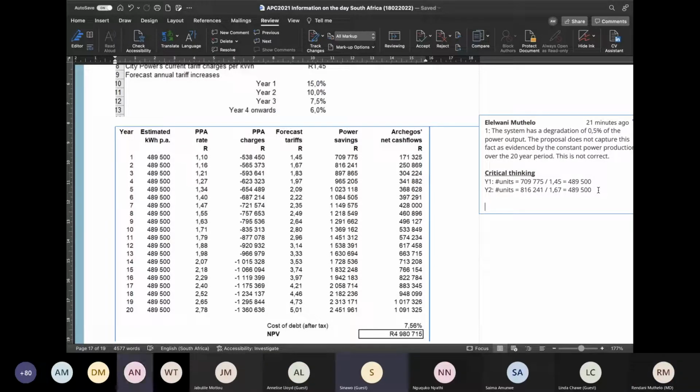We are comparing the kilowatt hours multiplied by the tariff. So what is the kilowatt? What does it represent? The consumption. The usage. It is the usage, right?